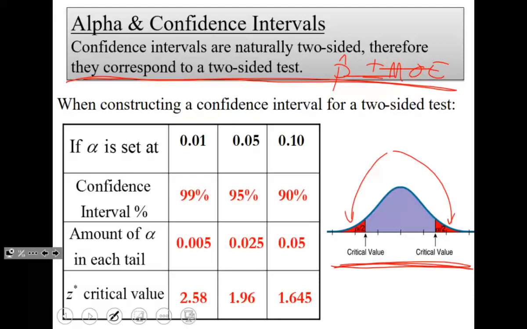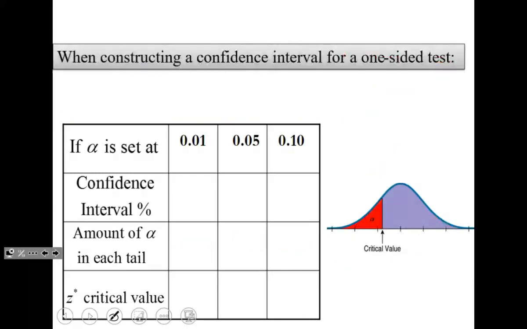It's natural that they have a two-sided test. When we go to a one-sided test, there are going to be some slight differences. First, my alpha is at 0.01. Now my confidence level needs to be 98%.